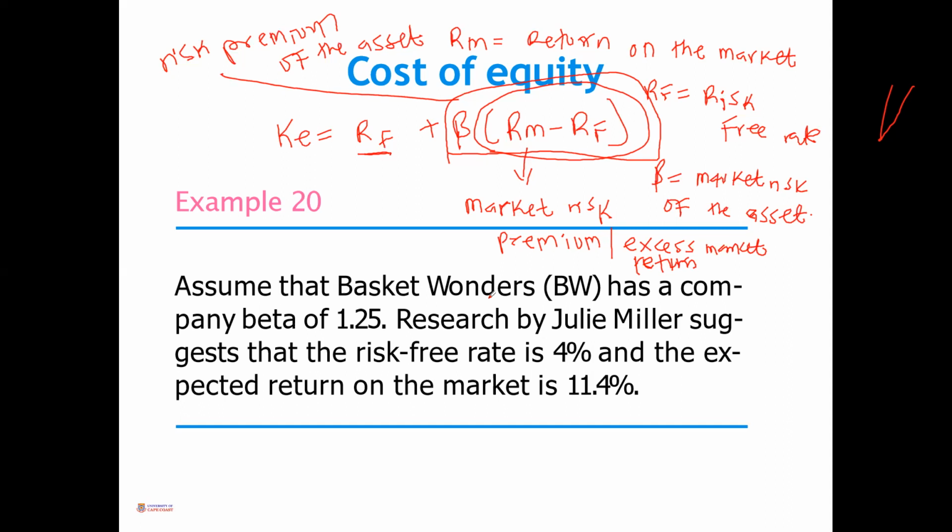Assume a company has a beta of 1.25. Research shows that the risk-free rate is 4%, and the expected return on the market is 11.4%.